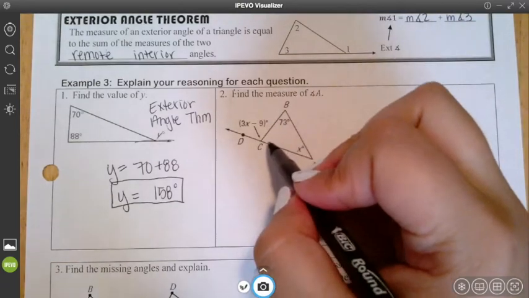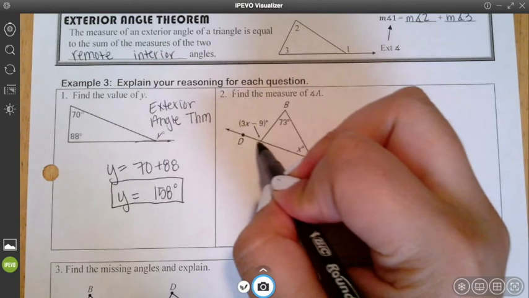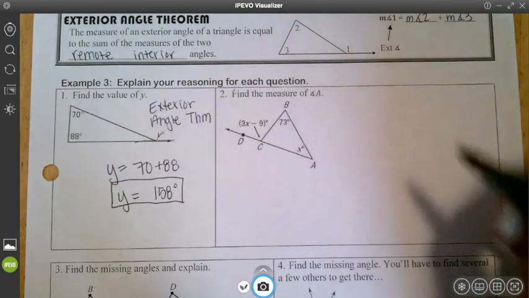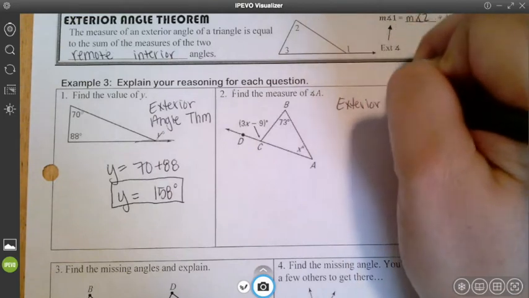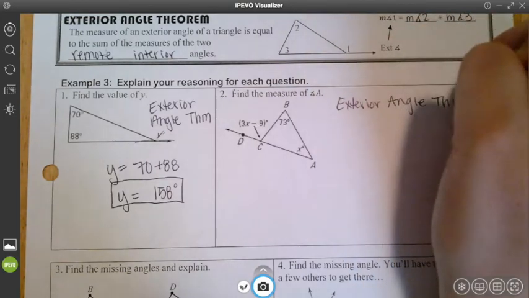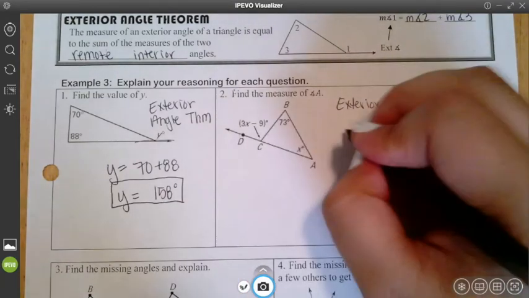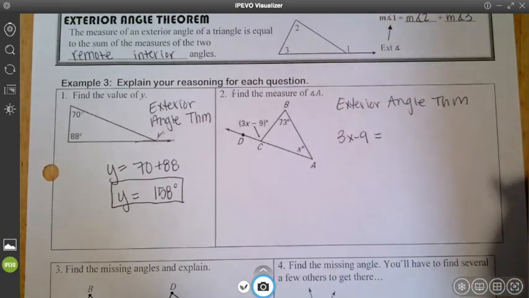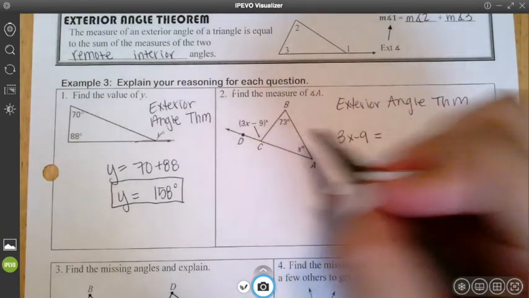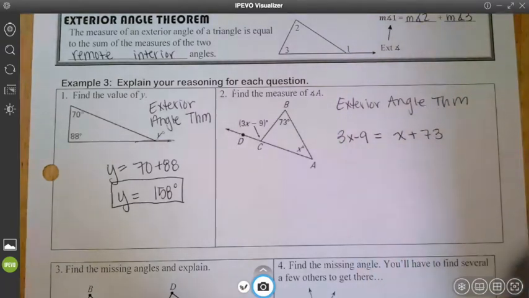On number 2, we're looking at the same thing. We have an angle here that's created by the extension of this triangle. And so we can use the exterior angle theorem. And it says that the exterior angle, the one on the outside, is 3x minus 9, is equal to the sum of the two on the inside that it doesn't touch, x plus 73.